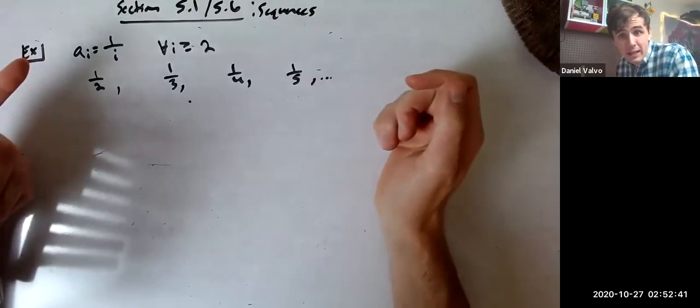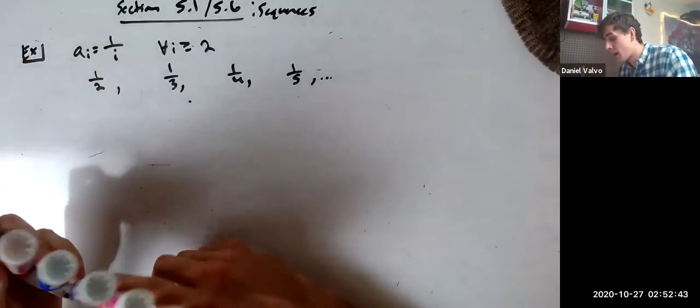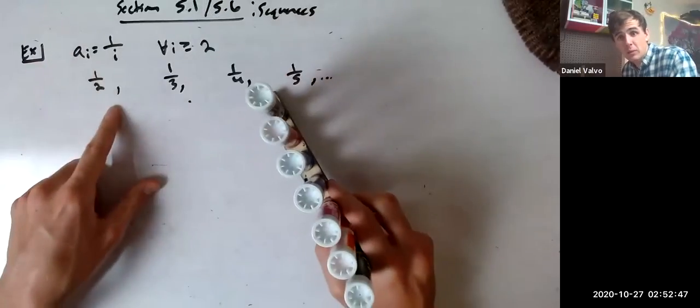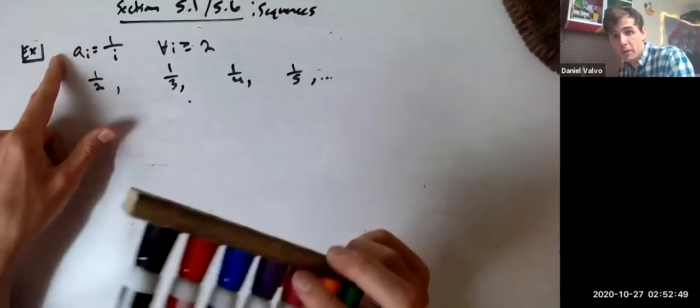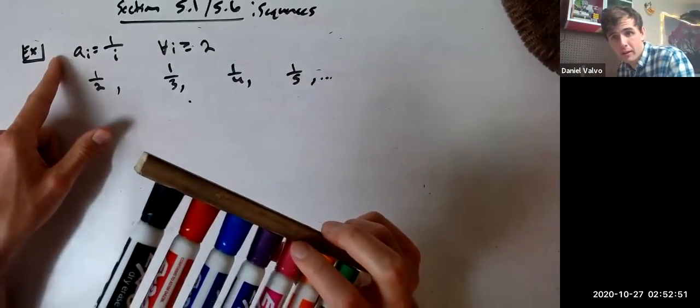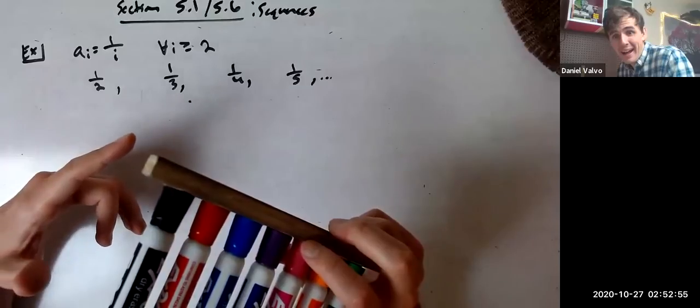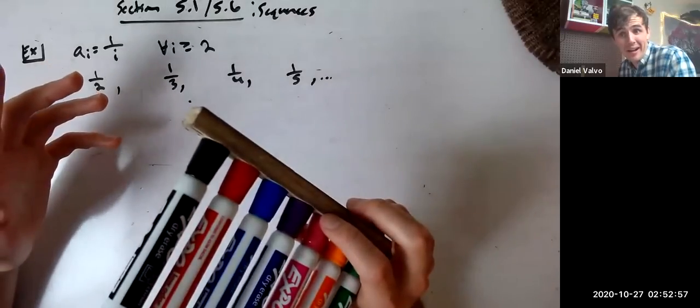And the question we asked last time is, was this the only way that you can write this sequence with an explicit formula? What do you guys think?